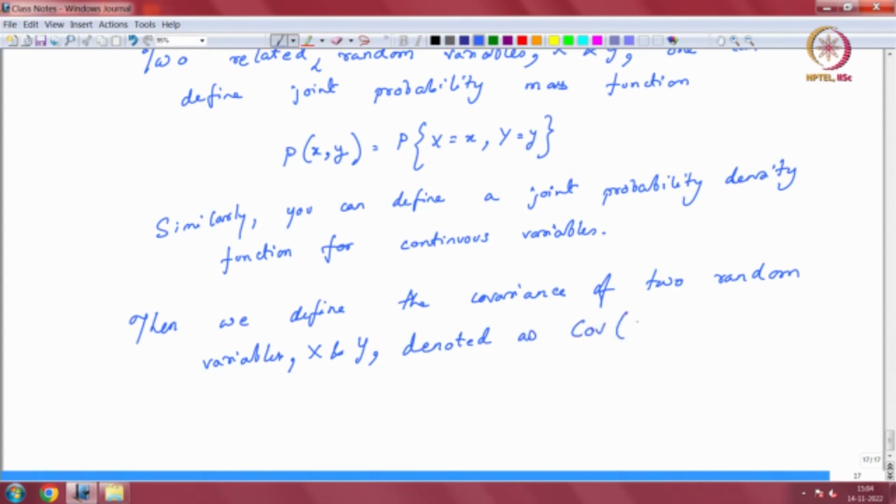So, COV of x comma y is nothing but the expectation of x minus expectation of x, and y minus expectation of y.